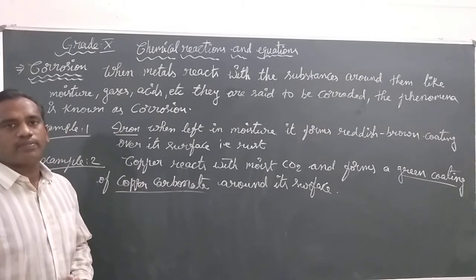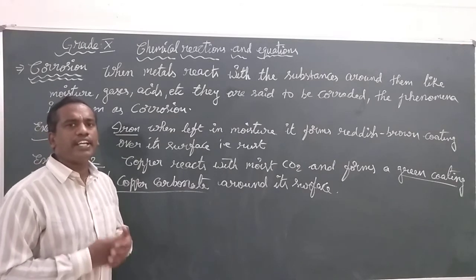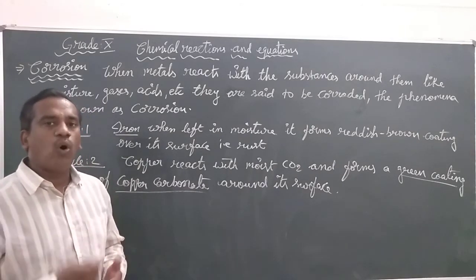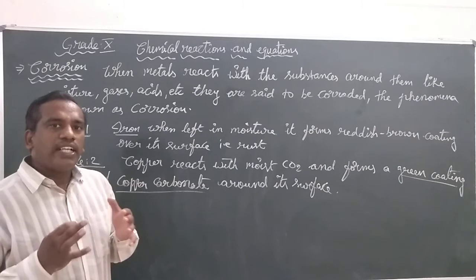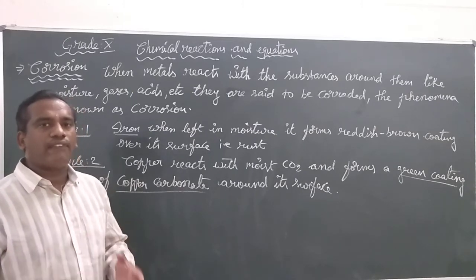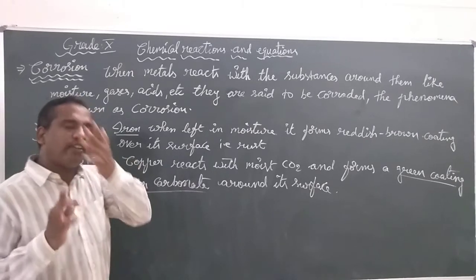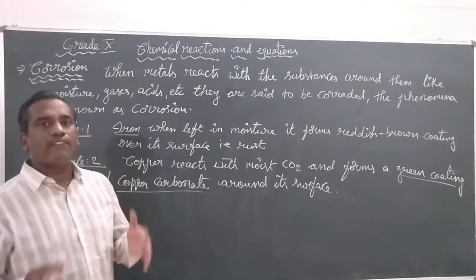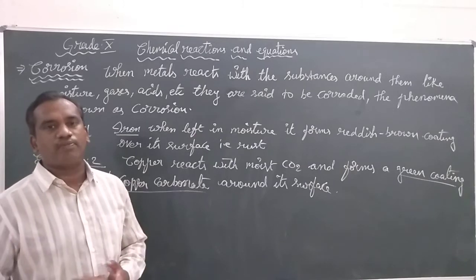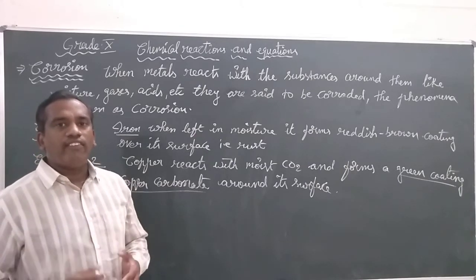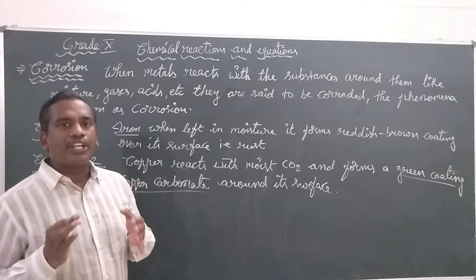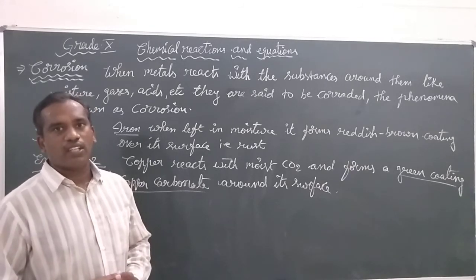Not only this, do you observe any time the silver articles at your home? If the silver articles are left in normal air for many days, they will develop a black coating over their surface.